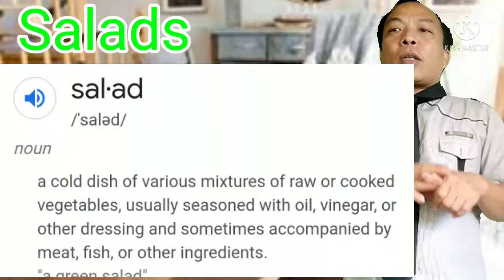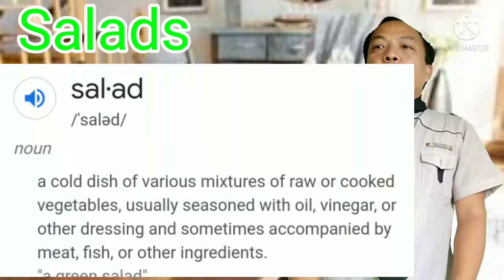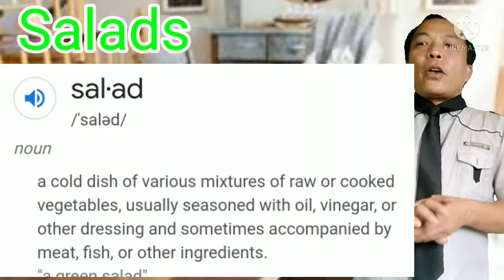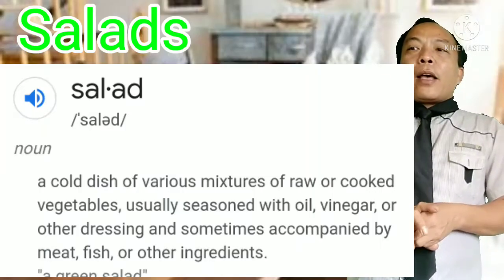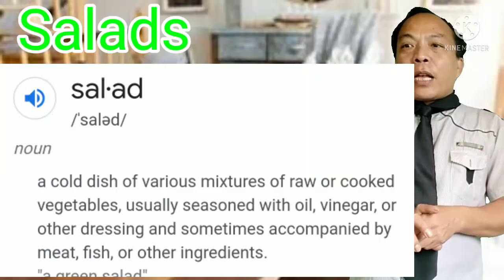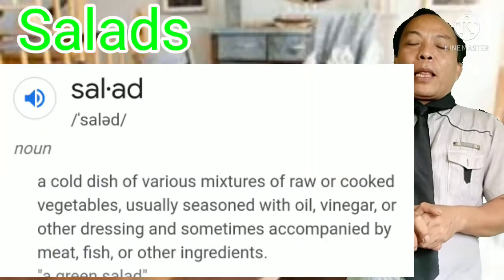So the next class for the project 2, we have the so-called salad. Salad is a cold dish with various mixtures of vegetables, usually seasoned with oil, vinegar, or other dressings, and sometimes accompanied with meat.